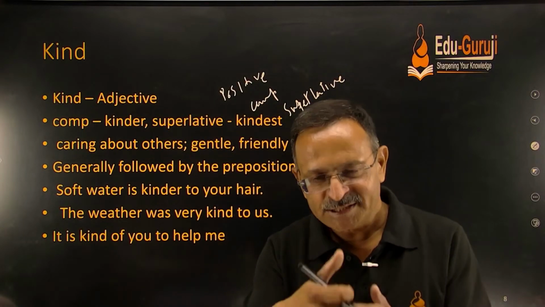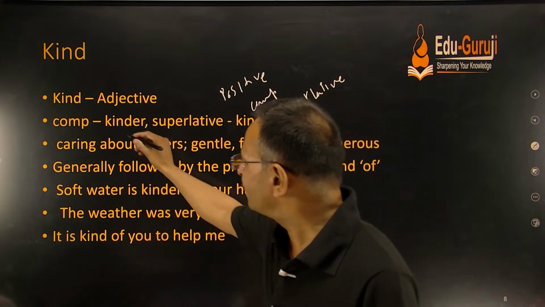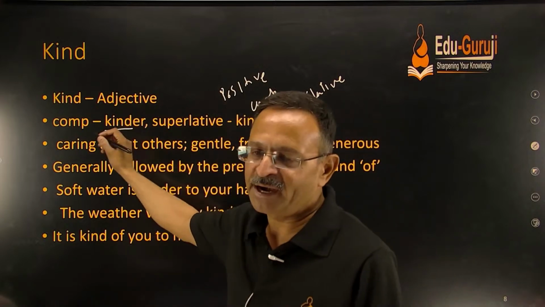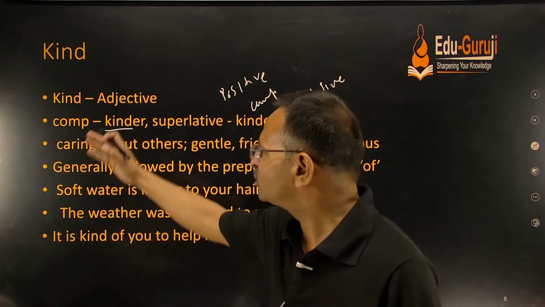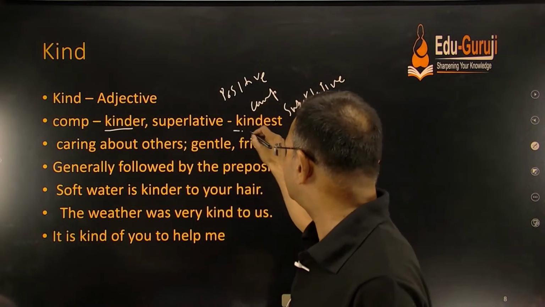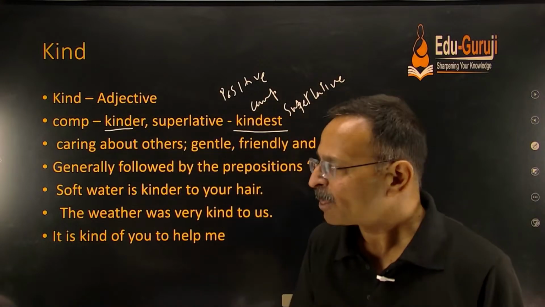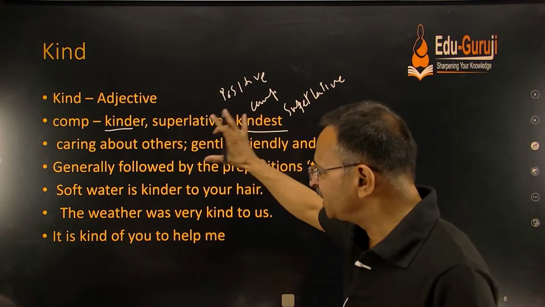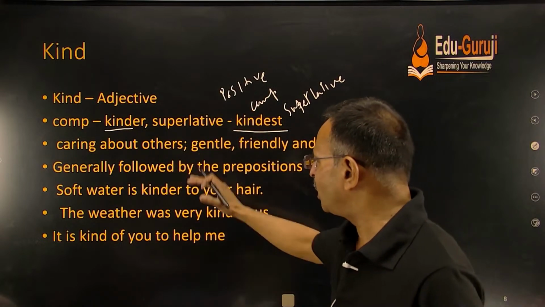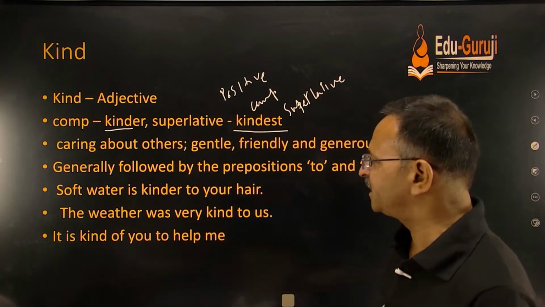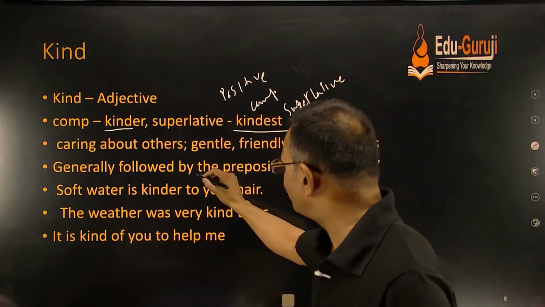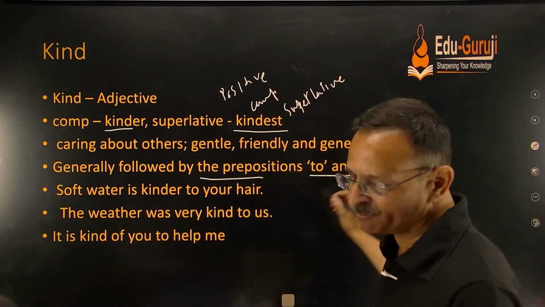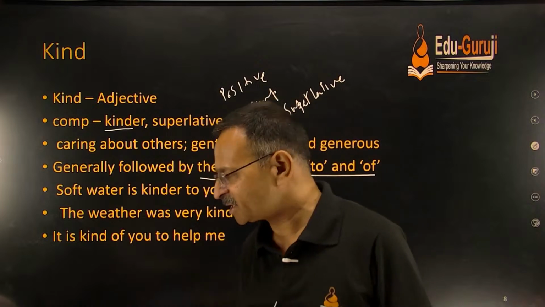Because kind is an adjective, you have kinder, that is the comparative degree. The positive degree would be, of course, kind. The superlative degree would be kindest. The meaning of kind would be caring about others, gentle, friendly and generous, generally followed by the preposition to and of. We'll also see how we can use it.